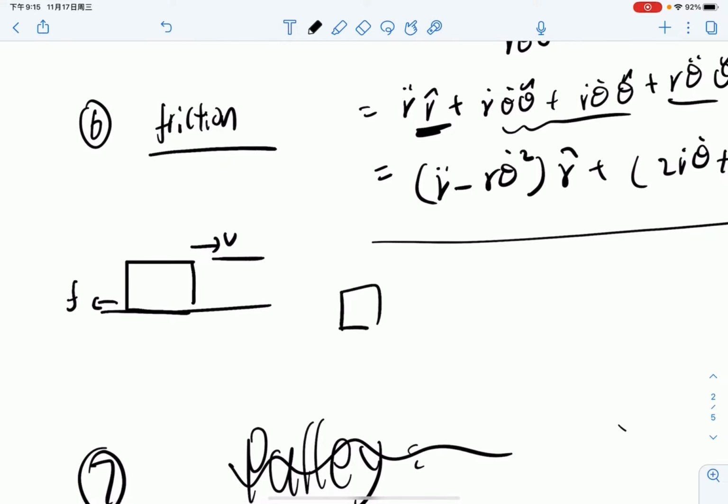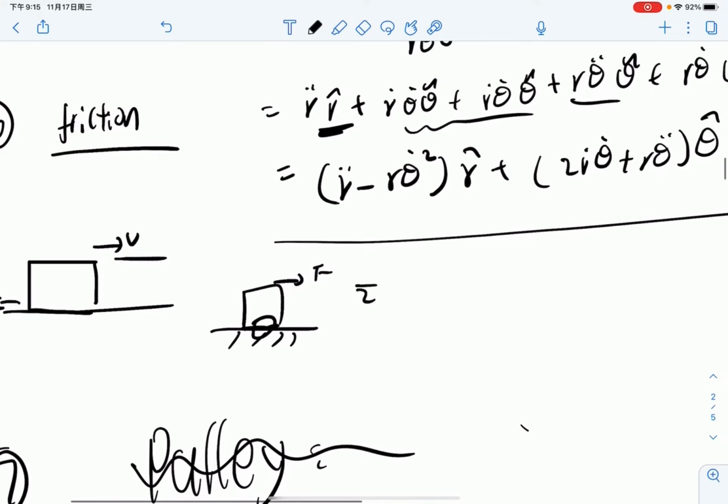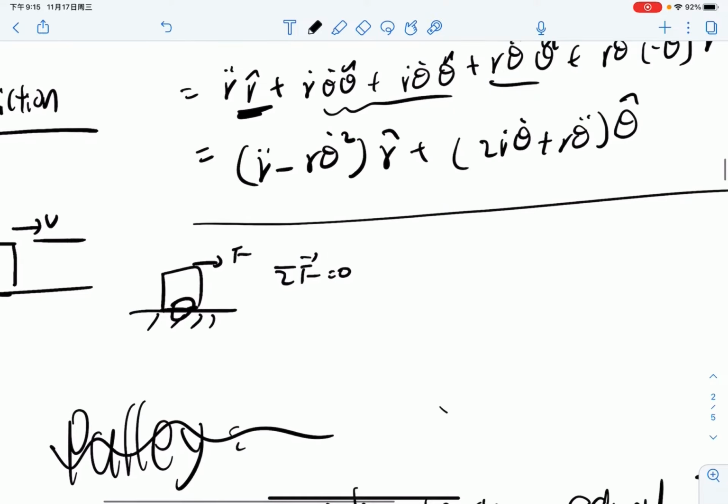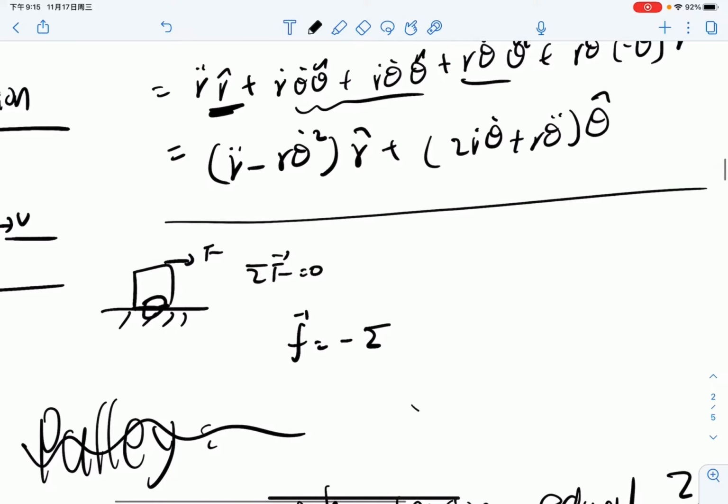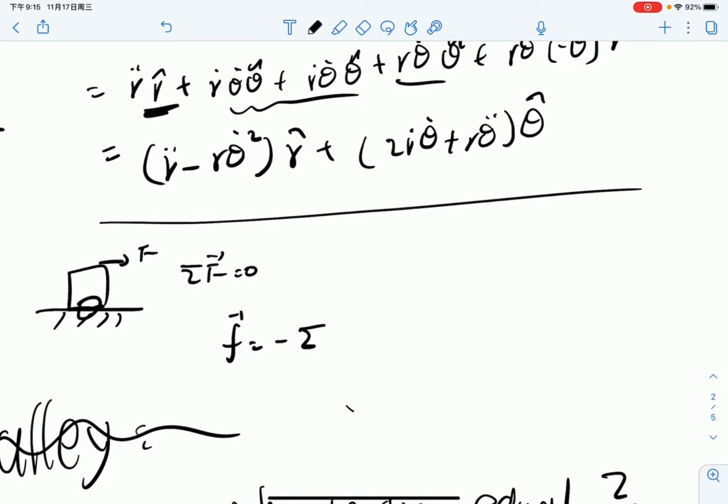When it is on the ground and you push it and it is not moving, the net force is 0, which means friction is equal to the negative of the sum of all forces except friction.